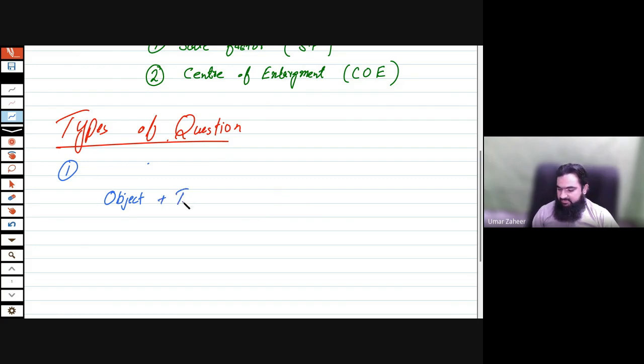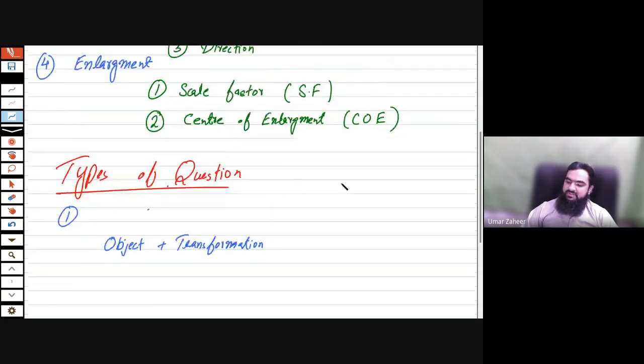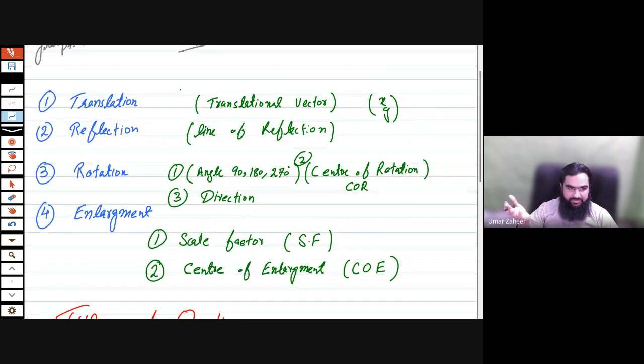The examiner gives you the transformation as well. For example, the object is given, and he says do the translation, so obviously the examiner gives you the translation vector.